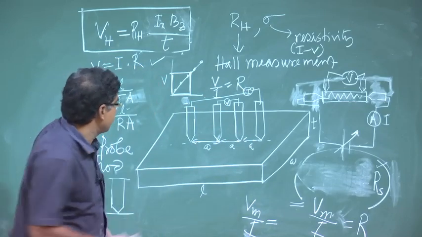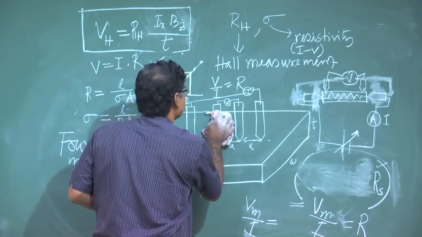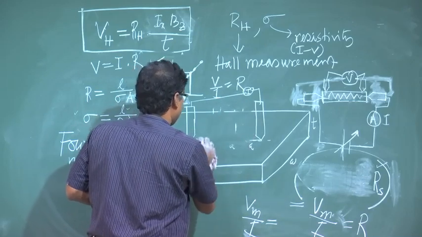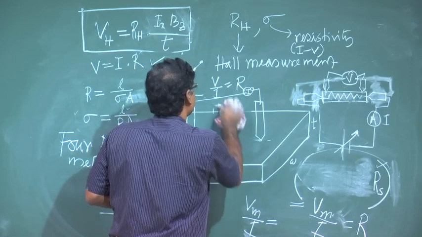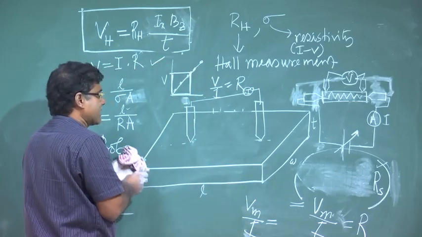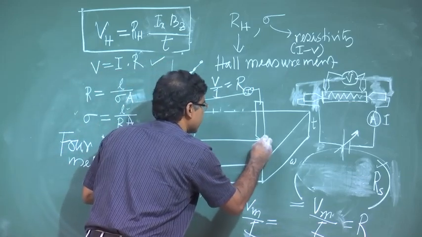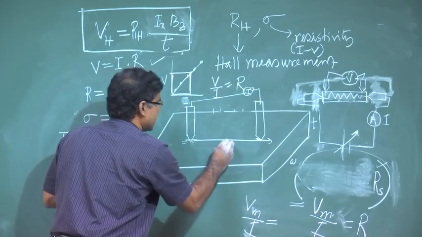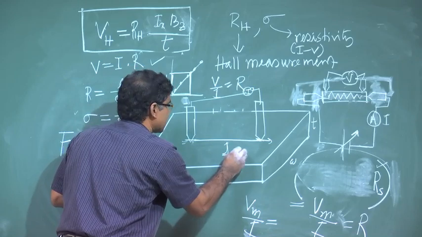But for Hall measurement what we do? For Hall measurement, these 2 probes we use for supplying current. Okay. So, this is Jx or Ix.